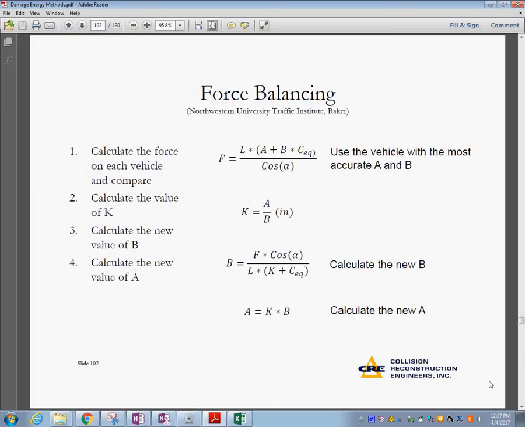In this particular case, the force on each vehicle is calculated by this expression in terms of the A and B coefficients. Calculate the new value of H, it says. The new B, the new A.